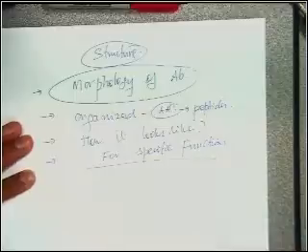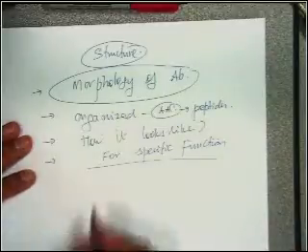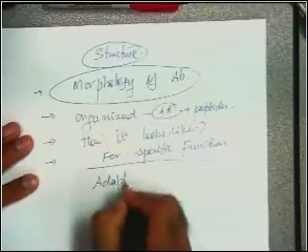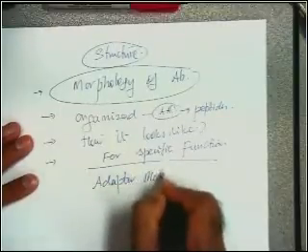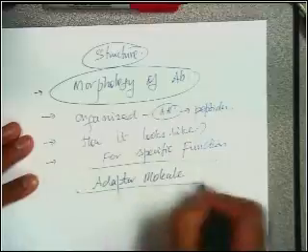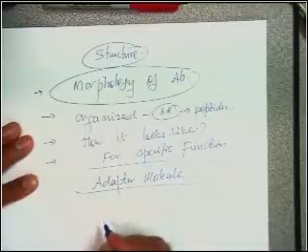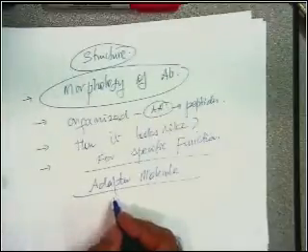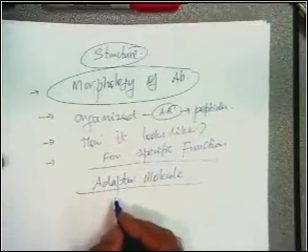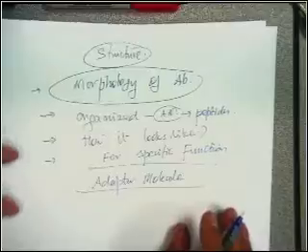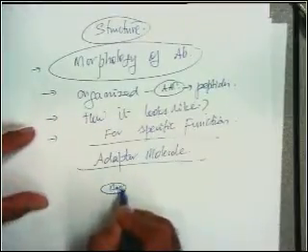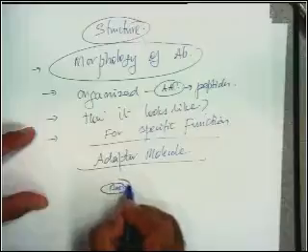In our earlier class, we did study that the specific function of antibody is an adapter molecule. Correct? So the specific function of this antibody is going to be, on one side, this is bacteria, it binds with one end, right?